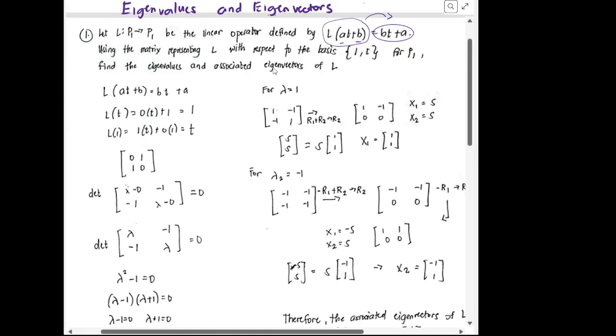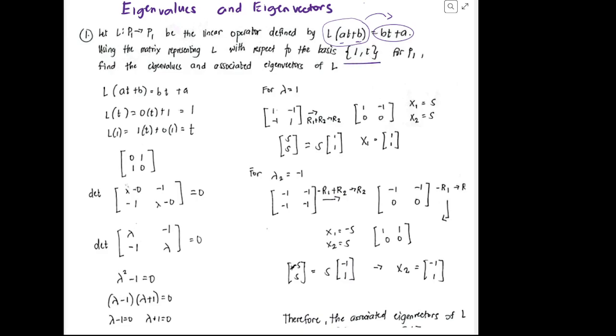Now, using the matrix representing L with respect to the basis 1, t, this will be our basis for our P1. This P1, again, has a linear transformation defined by this operator. There will be interchanging of a and b values.